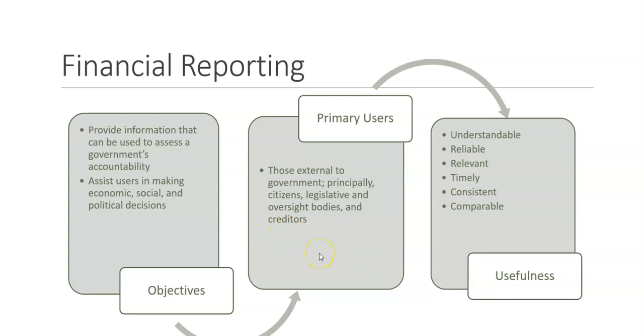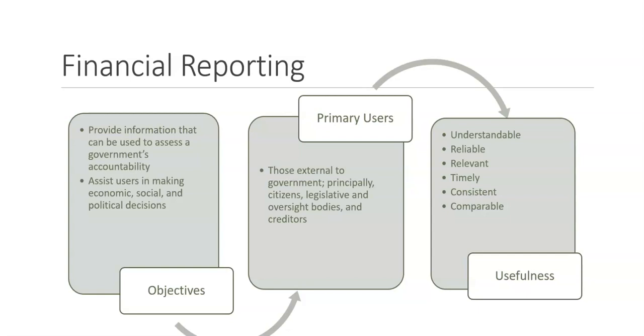Okay, so first we start by talking about the financial reporting for government entities, who the primary users are, and what they use that information for. The main purpose, of course, of financial reporting is to provide information to users so they can assess a government's accountability.